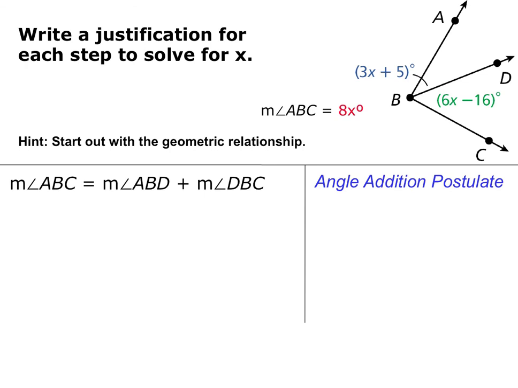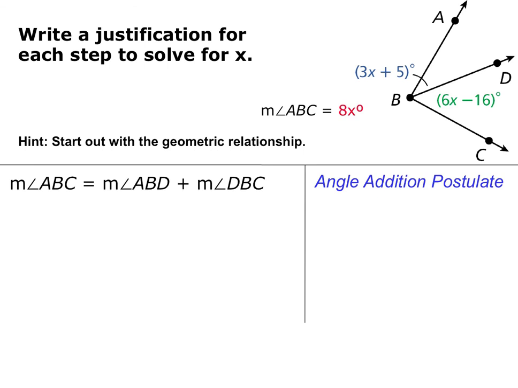And maybe if you were doing it on your own, maybe you got it in the other order. Not that that's wrong, this is just the way I had done it. So I put the measure of that whole big angle, ABC, is equal to the measure of the small angle, ABD, plus the measure of angle DBC. When you're talking about their measures, put the M in front of it.